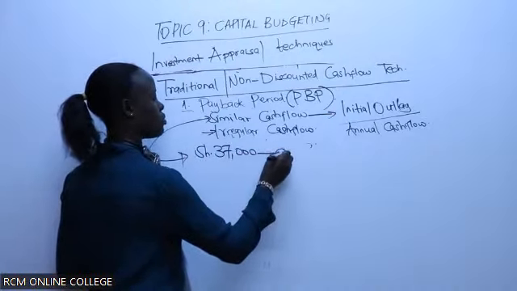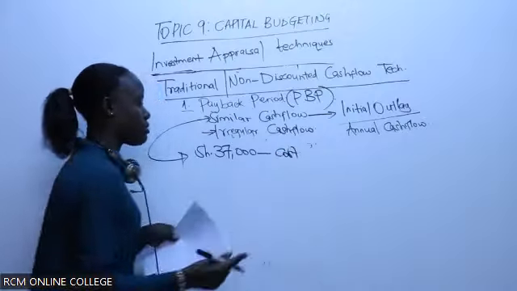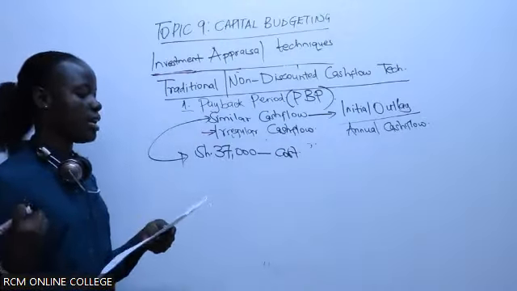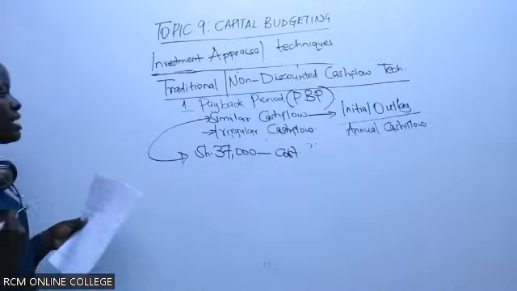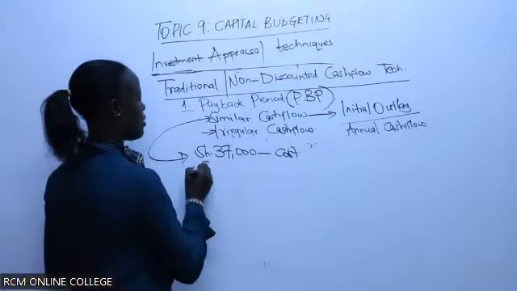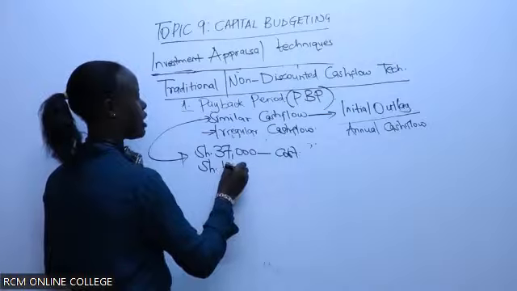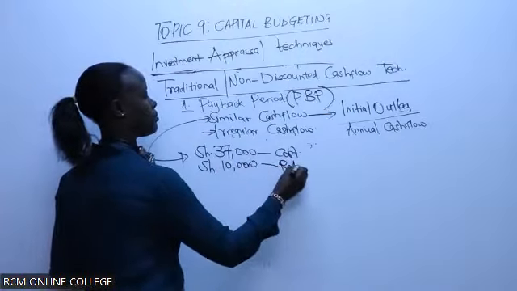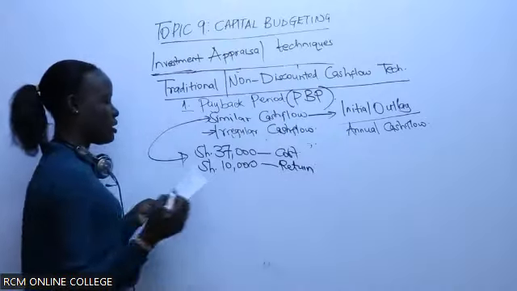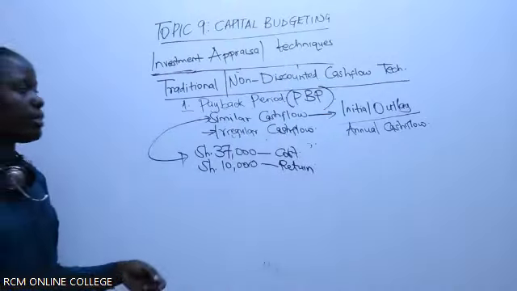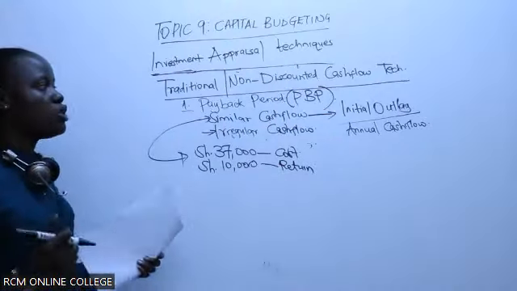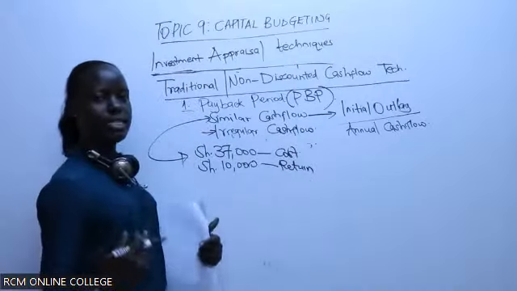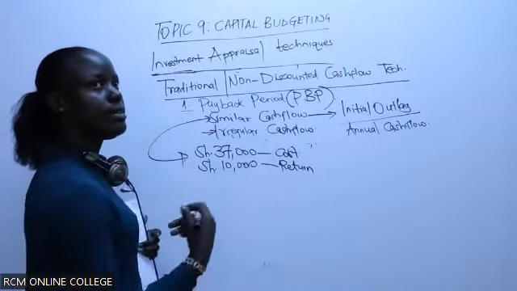This is the cost, and the expected annual return is 10,000 shillings per annum. Now you're told to determine the payback period, the time it will take to fully recover this amount. What time will it take us to fully recover this amount?